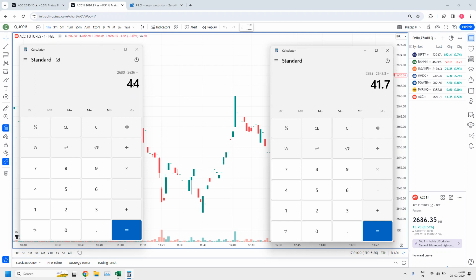Equity 44 rupees. The small amount is negligible, you can ignore the 1 rupee, 2 rupee differences. But almost close to whatever amount you got here, here also you got. So if you would have traded in futures, you would have got 41.7 rupees profit, close to 42 rupees.